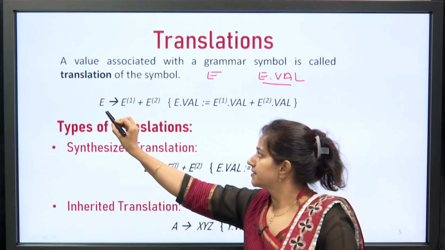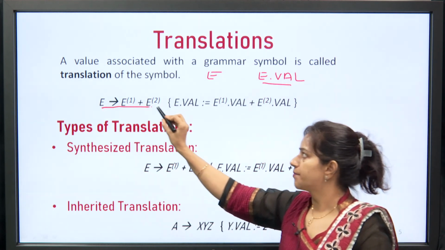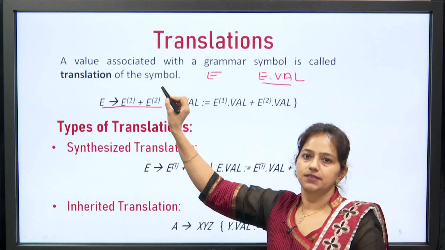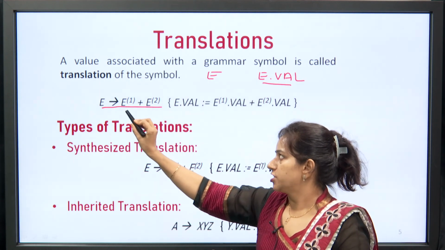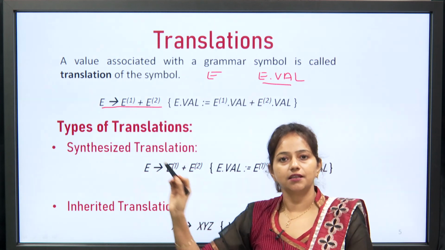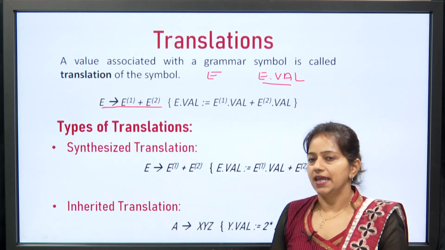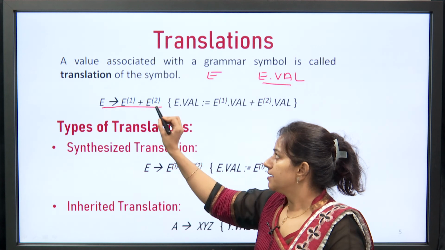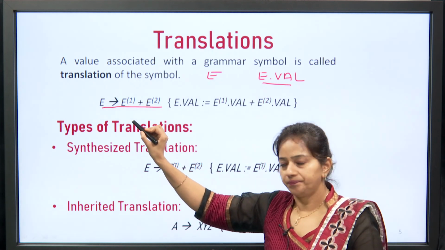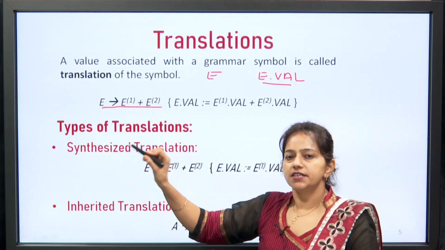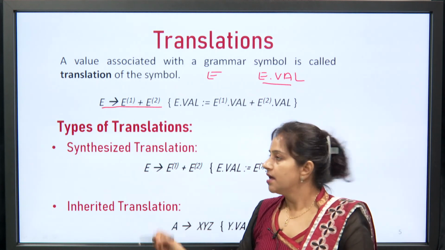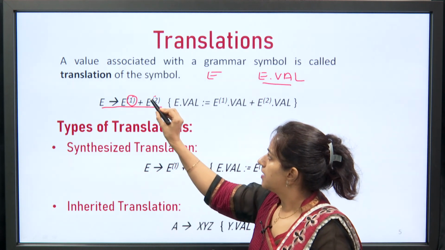Just take another example on production. Suppose this is the production E to E plus E. Here, on the right hand side of the production, there are two non-terminals, and we have the same non-terminal appearing twice. In that case, just to distinguish the two non-terminals, they can be marked with subscripts.